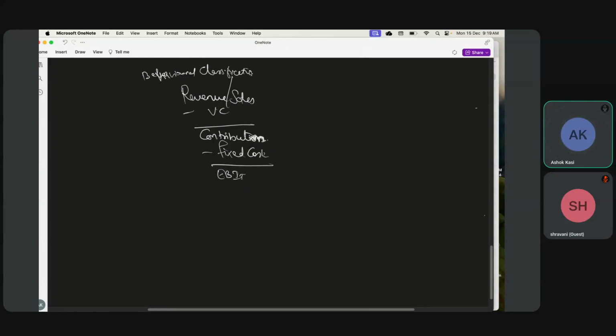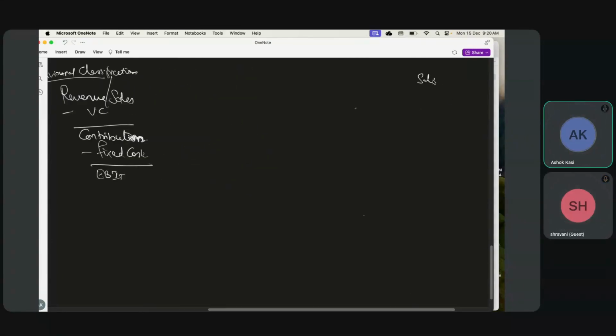That is sales minus cost of goods sold, then gross profit minus SGA, then EBITDA minus depreciation, then EBIT.